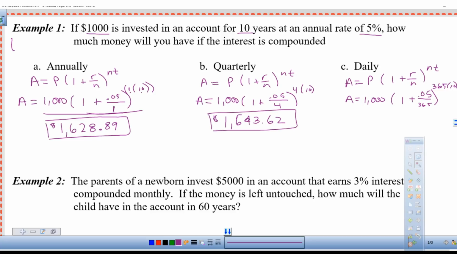Next one, 1,000, parenthesis, 1 plus 0.05 divided by 365, close it, raise it to the parenthesis, 365 times 10, close it, enter, and your answer is $1,648.66. Add a $ sign, and you're done. Okay, so obviously the higher the value of N, the more money you're going to end up with at the end of the investment. Okay, here we go with example 2.